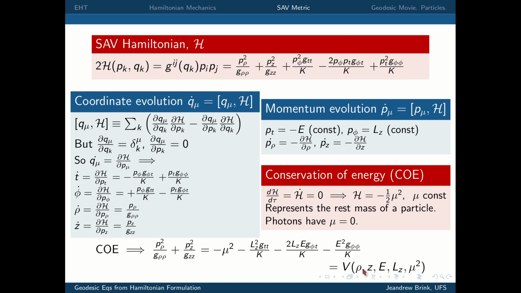In this particular case, it's a Manko-Novikov metric, and then use these equations, evolve them, and that will determine how particles move. In particular, I will be focusing simply on massive particles. In other words, mu is positive.